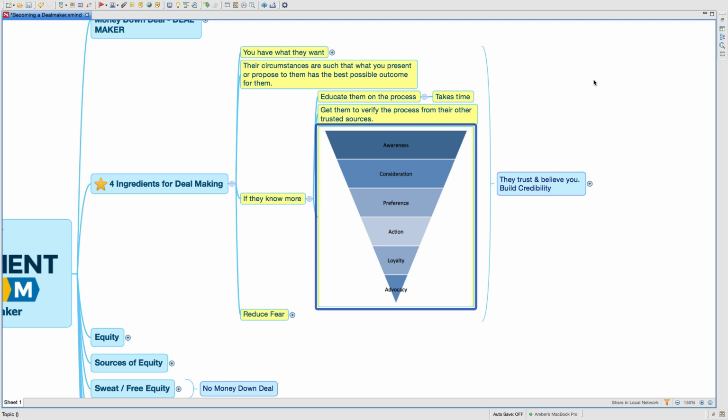Unless you find somebody who already knows where they are. If they know where they are, then it'll be fairly quicker, and they might be somewhere here where they're ready to take action. After you make them aware of the possibilities in a deal with you, the second stage would be consideration.